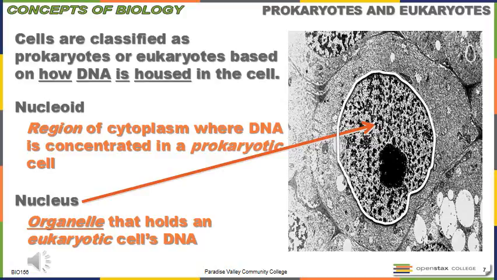In eukaryotic cells, it's very important to have a membrane around the DNA, around the hereditary information, to give it an extra layer of protection. The prokaryotes don't have that extra formidable layer. It doesn't have a membrane surrounding its DNA. It's just the DNA is packed tightly in this one region, and they call that the nucleoid.